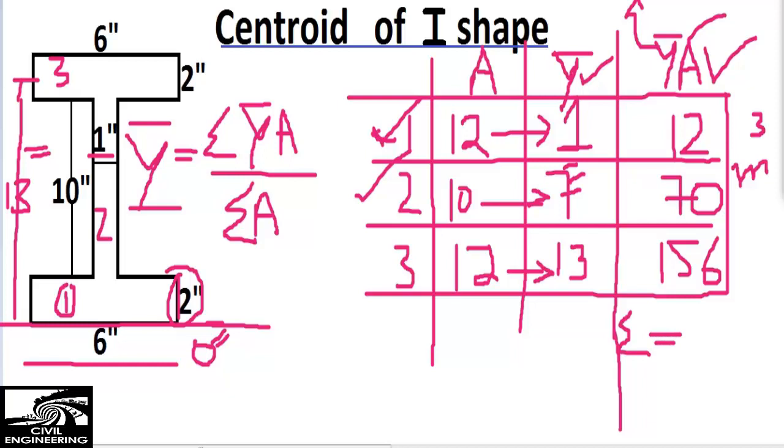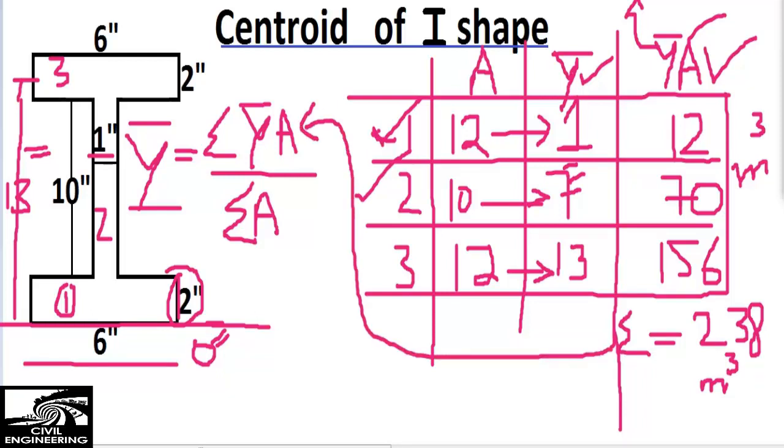The summation of these values, this whole table, will be 12 plus 70 plus 156, it comes out to be 238 meter cube, right? So this is the summation of y into a. So we will put this summation value in this portion, while we find the summation of area here and put it in this portion.